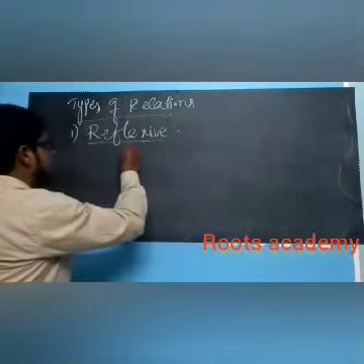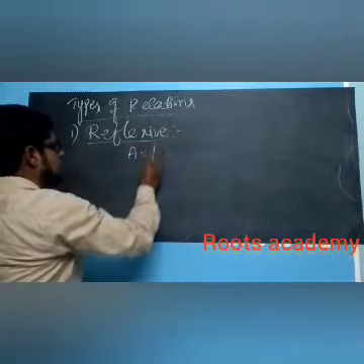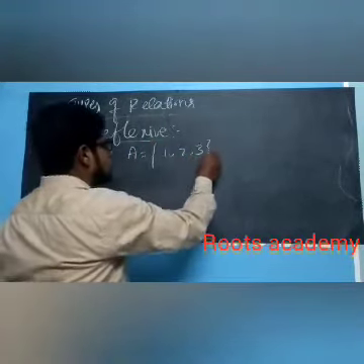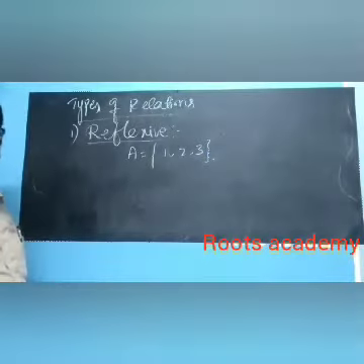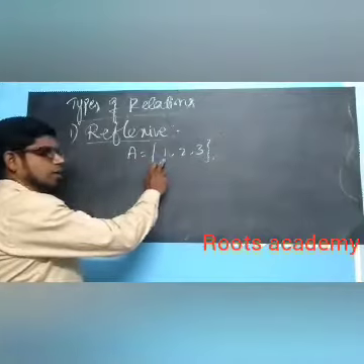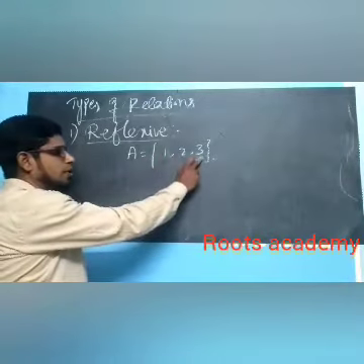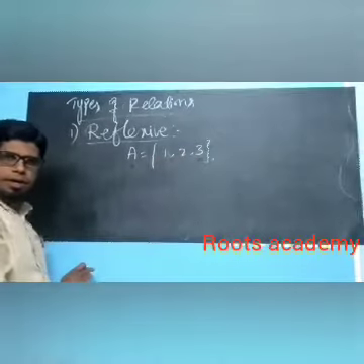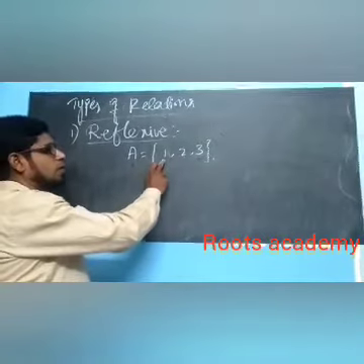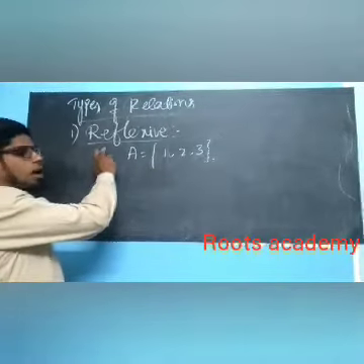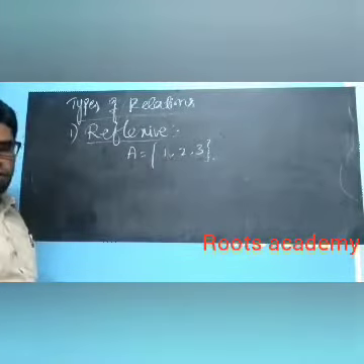In this, suppose the set A is 1, 2, 3, then we will check whether each and every element of the set A is related to itself or not. If every element of the set is related to itself, then it is reflexive, otherwise it is not reflexive.